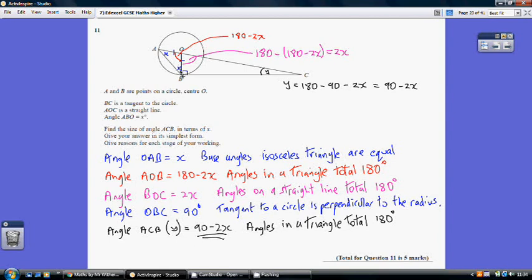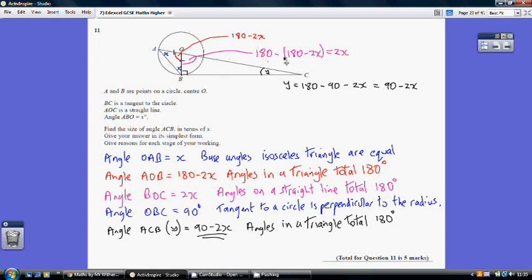Now once we know that, then this angle here, angle AOB, must be 180 degrees take away 2x, our x and our x, because angles in a triangle add up to 180 degrees. Now if that angle there in red is 180 minus 2x, then this angle here in pink, angle BOC, must be 180 take away the red angle, because angles on a straight line total 180.